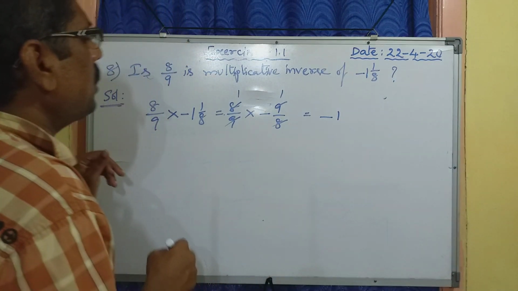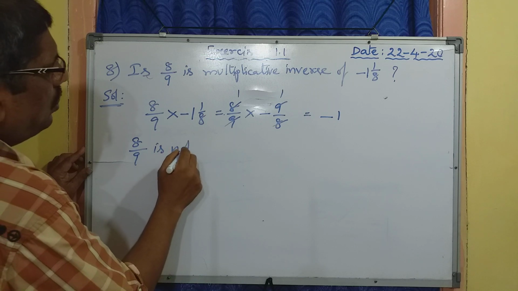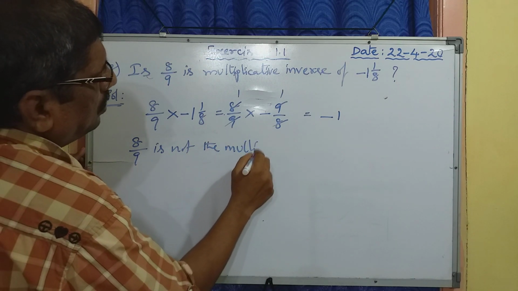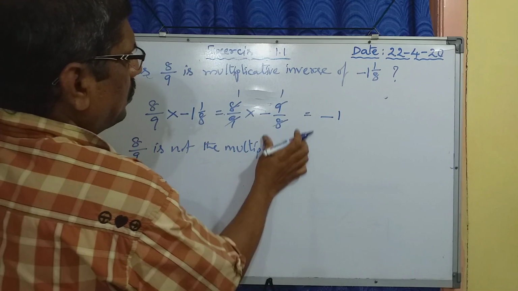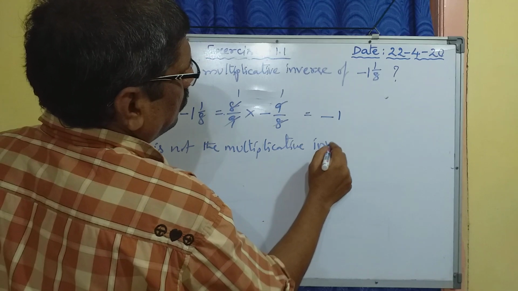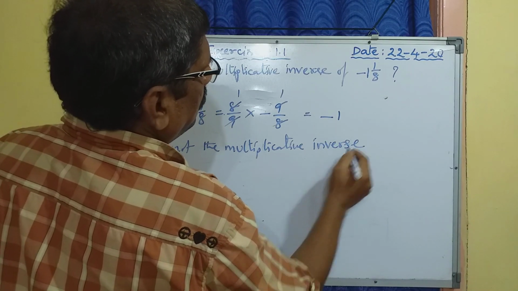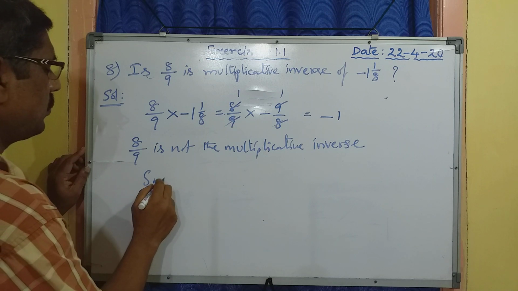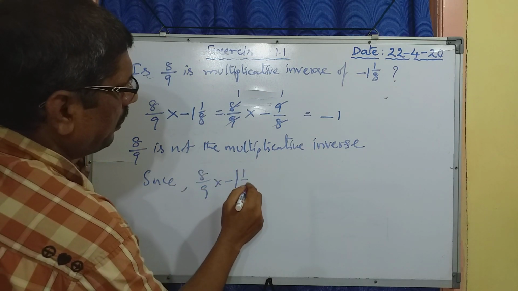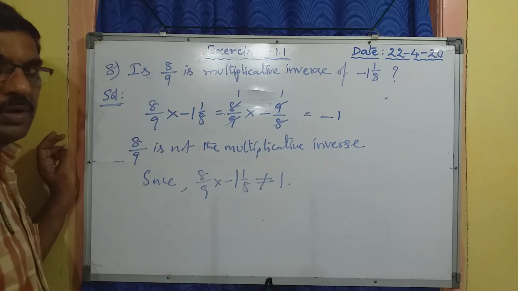As we didn't get 1, we can say that 8 by 9 is not the multiplicative inverse, since 8 by 9 into minus 1 by 8 is not equal to 1. This is the reason.